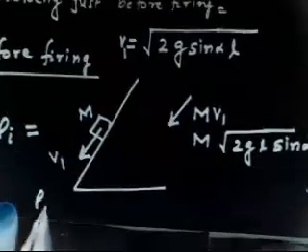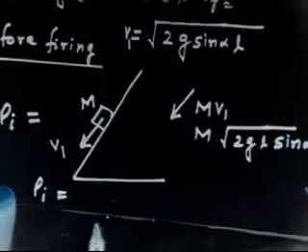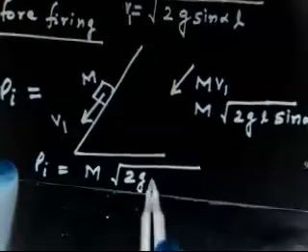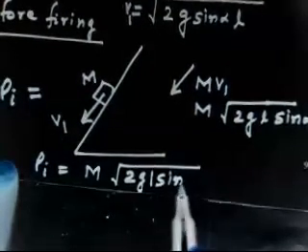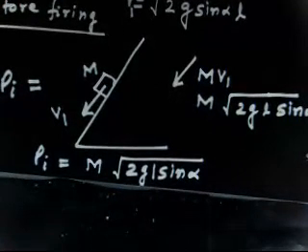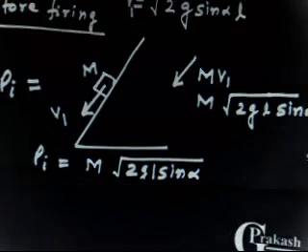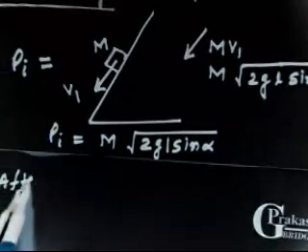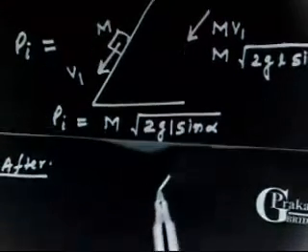So p i, I can write, is M into under root 2gL sin alpha. This is along the direction of the incline. Now let us see what you will have after the firing. So after firing, my situation is something like this.